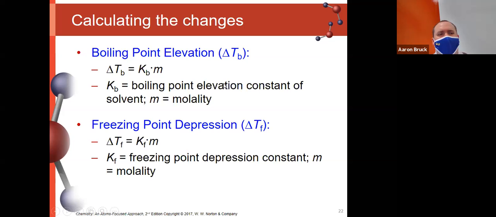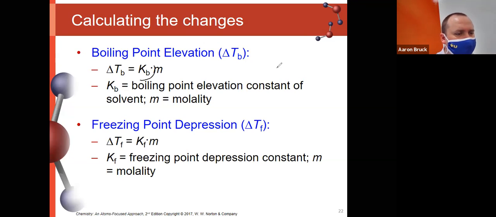What's interesting about both of these is that from a standpoint of calculation, they're very similar. Both of them are dependent solely on two factors.